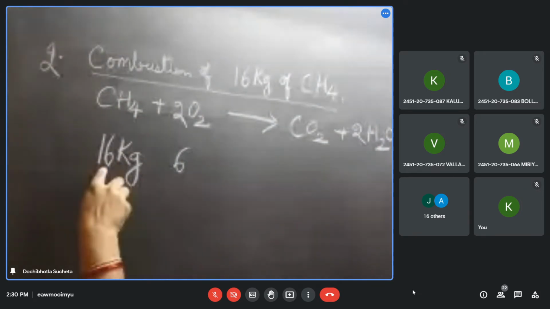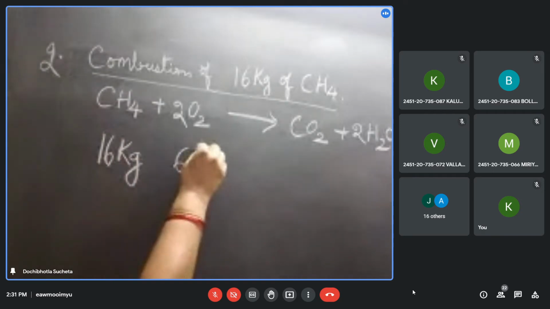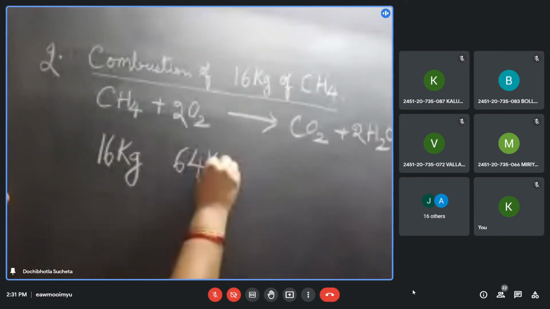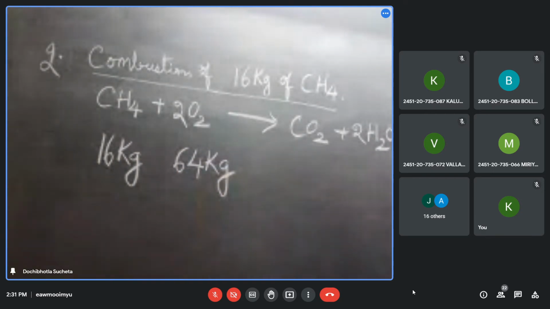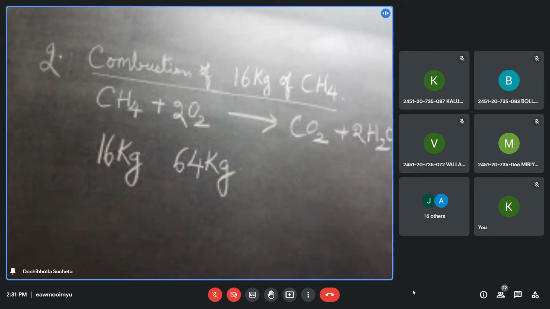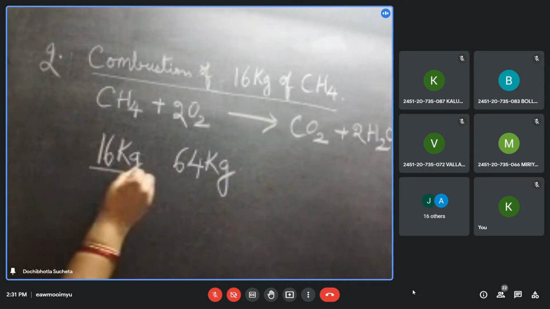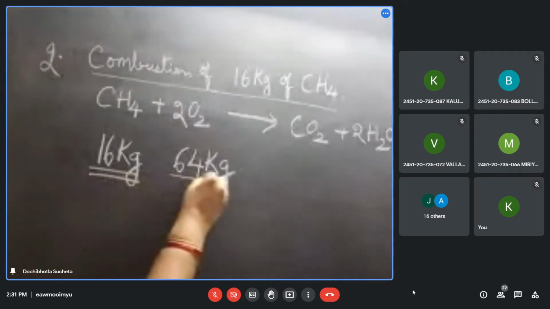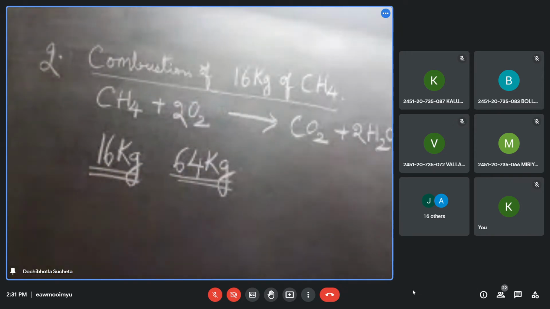So 16 kgs of methane requires 64 kgs of oxygen. Fine? Direct substitution.